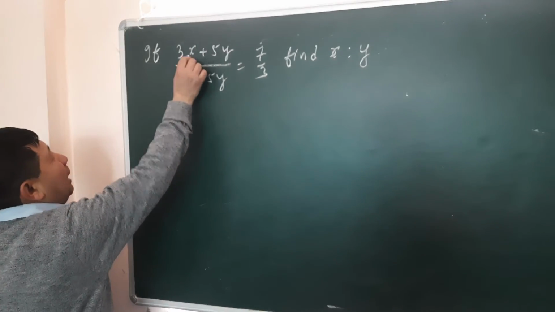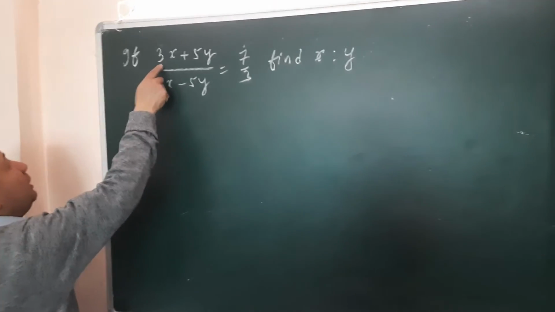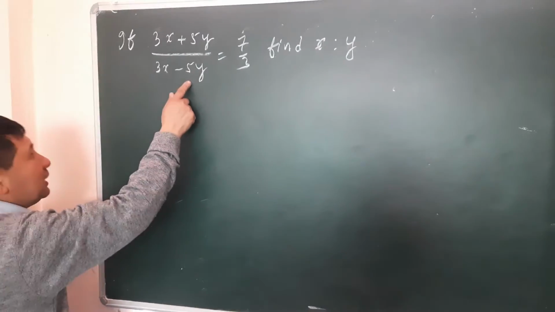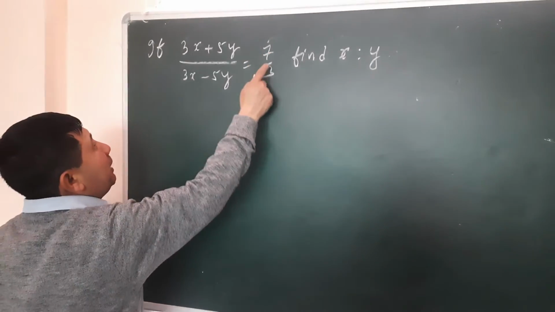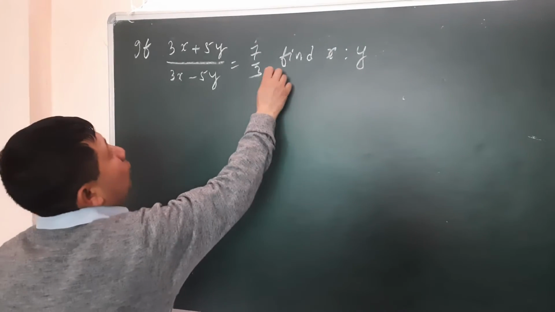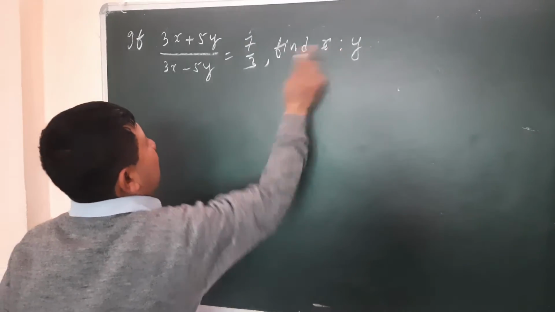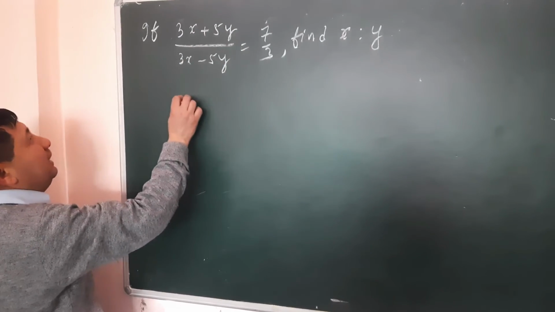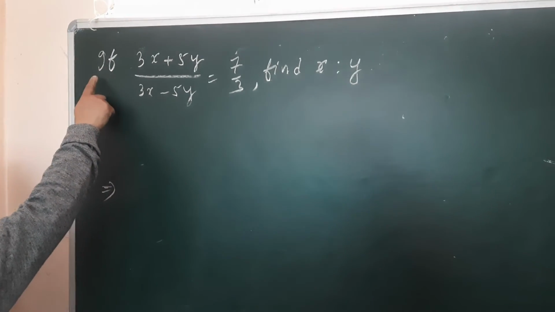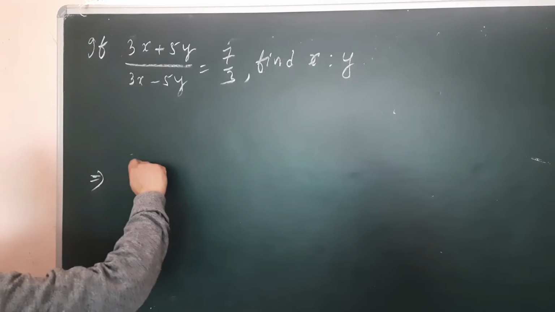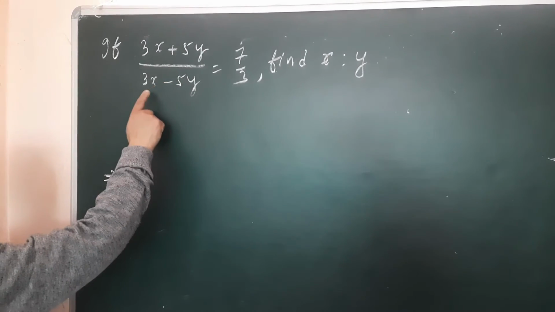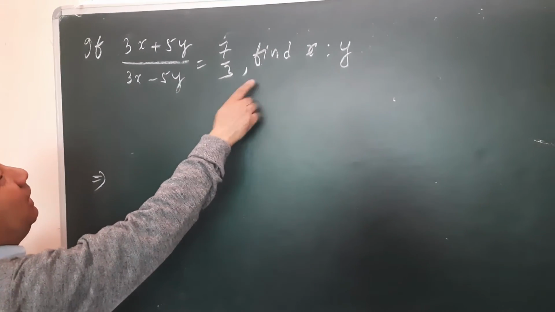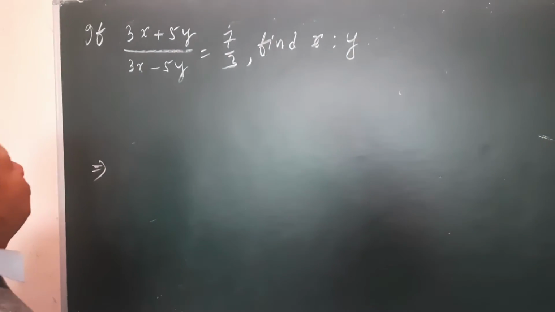So first you have to write down this. If 3x plus 5y upon 3x minus 5y equal to 7 upon 3, you have to find x is to y. First step is to copy this. So third question is, if 3x plus 5y upon 3x minus 5y equal to 7 upon 3, find x is to y.